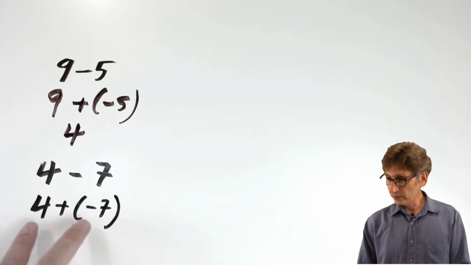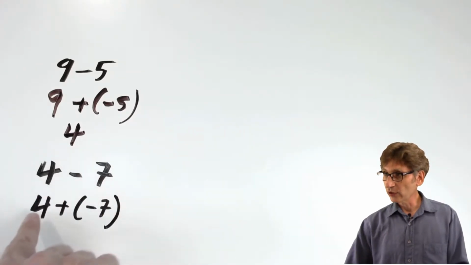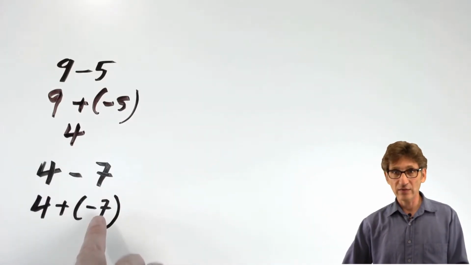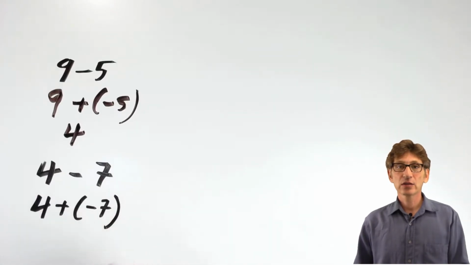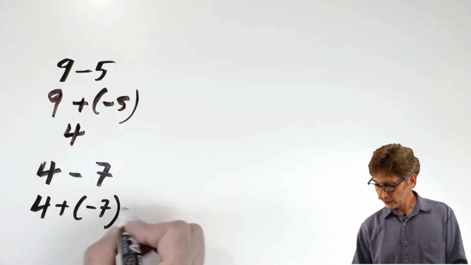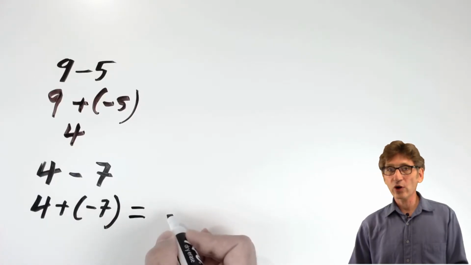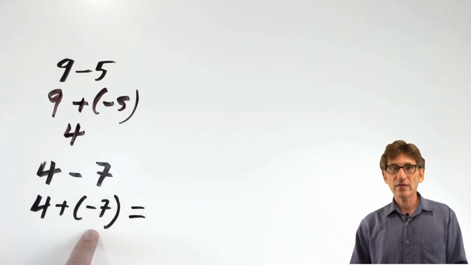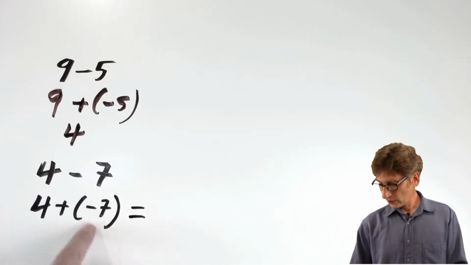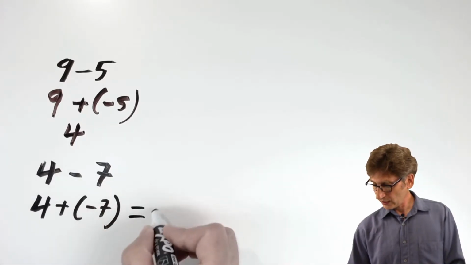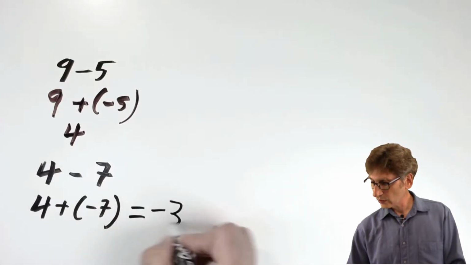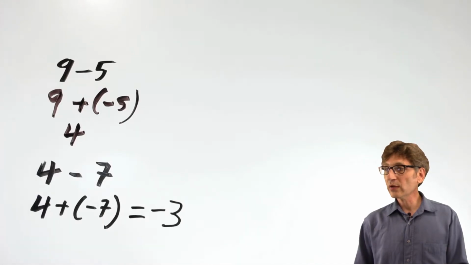I look at the absolute values: absolute value of 4 is 4, absolute value of negative 7 is 7. Subtract. 7 minus 4 is 3. Negative 7 has a larger absolute value, so I take that sign. So this becomes negative 3. What I'm doing right now is rewriting all subtraction as addition.